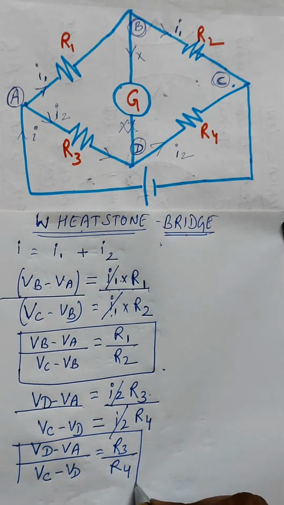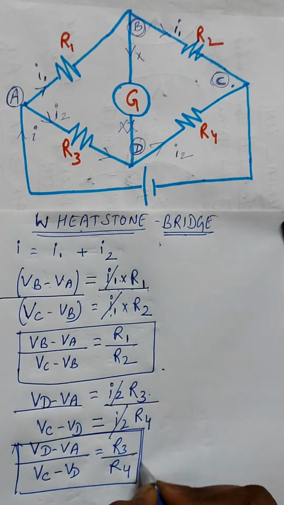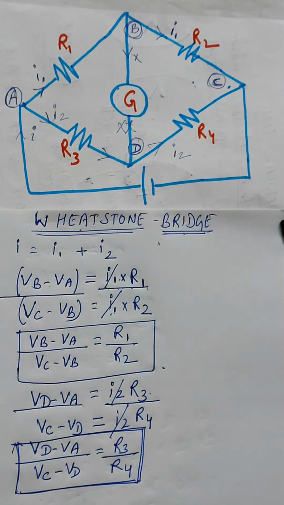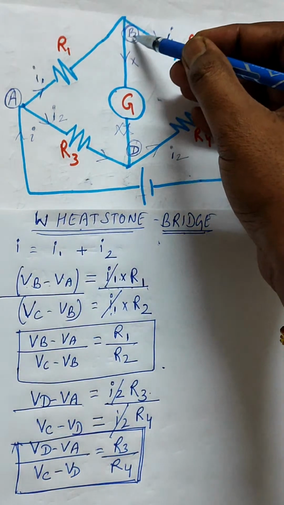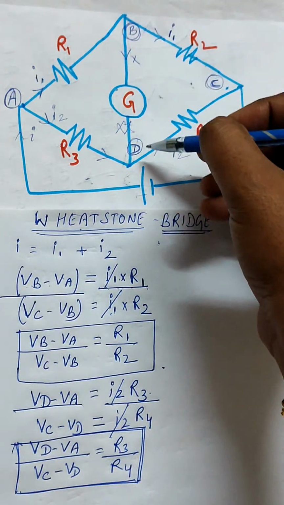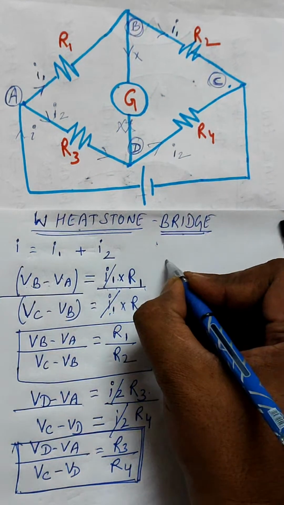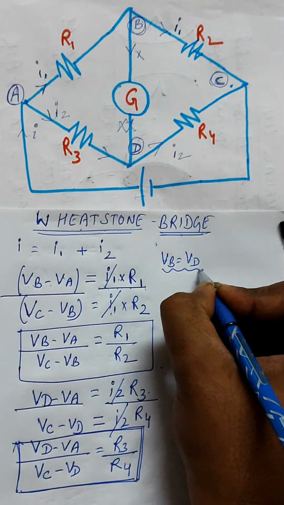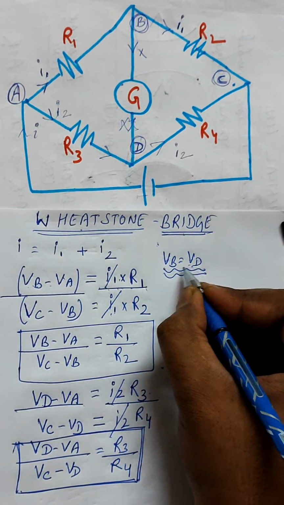Now, as we have considered, the current through this galvanometer should be 0. So this will be 0, then we can say that VB is equal to VD. Why? These are at the same potential.